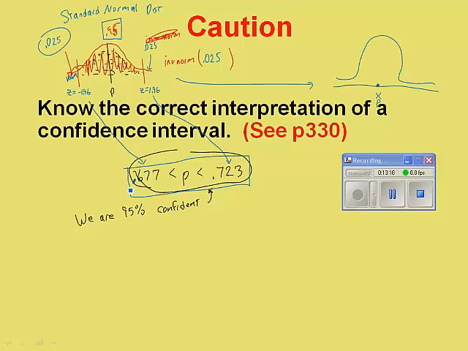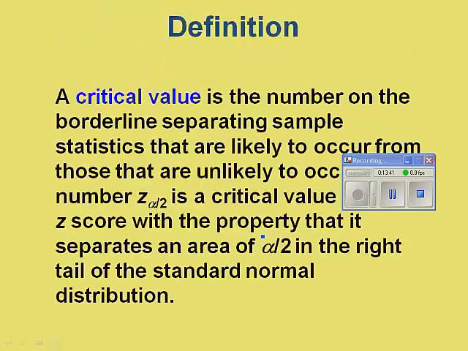It's not that there's a 95% chance that the population parameter moves somewhere. It doesn't move anywhere. The population parameter is there. There's a 95% chance I got it right, that I contained it. Does that make sense to people? And there's one more caution, but it's not yet. We'll do that next.